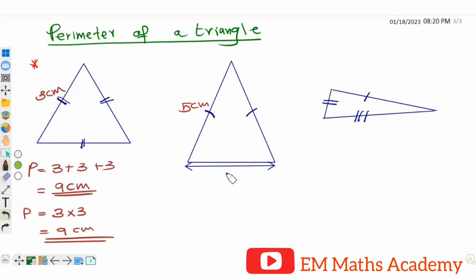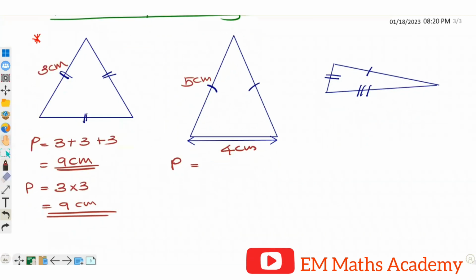If it is given as 4 centimeters, then we can apply the common equation, total outer length. That means you have to add 2 fives, because we know there are 2 straight line segments which are equal to each other. So 5 twice and 4. Then 5 plus 5 is 10. 10 plus 4 is 14.